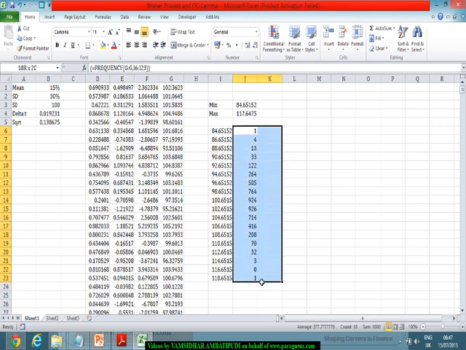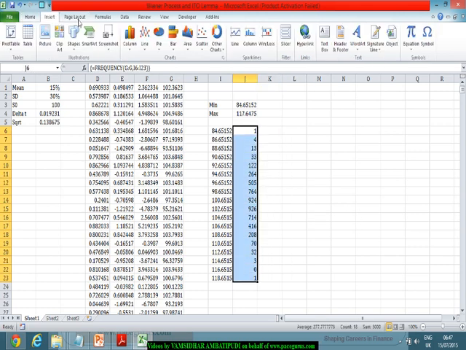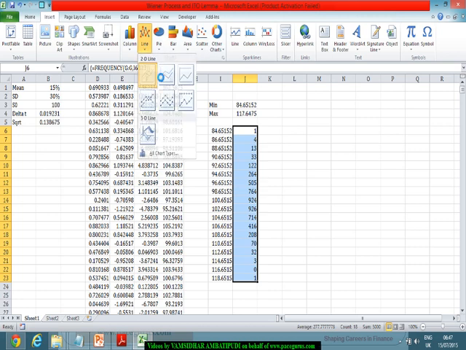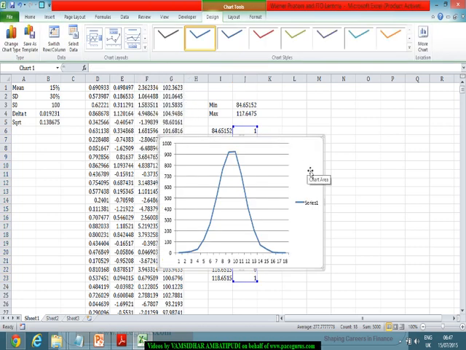If I try plotting a graph for the same, I see that this is the pattern.